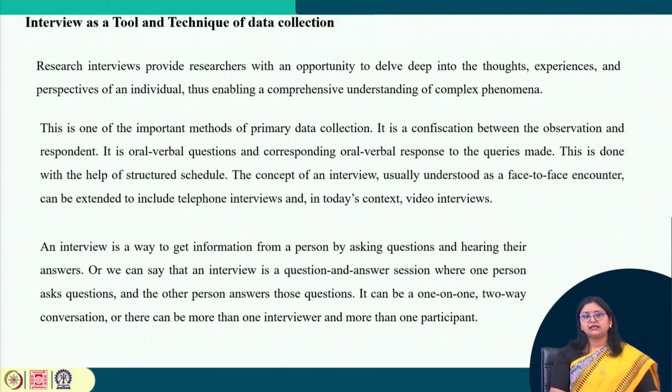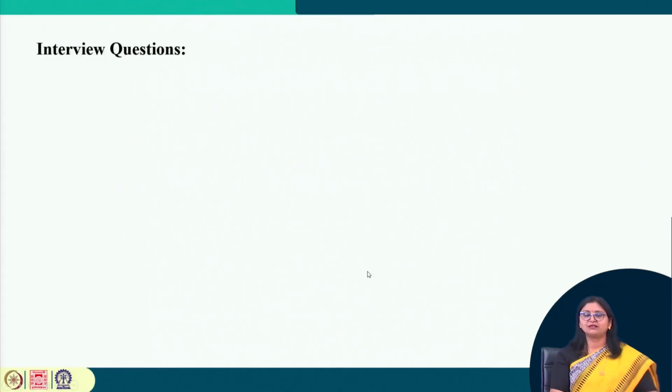Or we can say that an interview is a question and answer session where one person asks questions and the other person answers those questions. It can be one-on-one or two-way conversation, or there can be more than one interviewer and more than one participant, like in job interviews, where you have seen more than one interviewer.